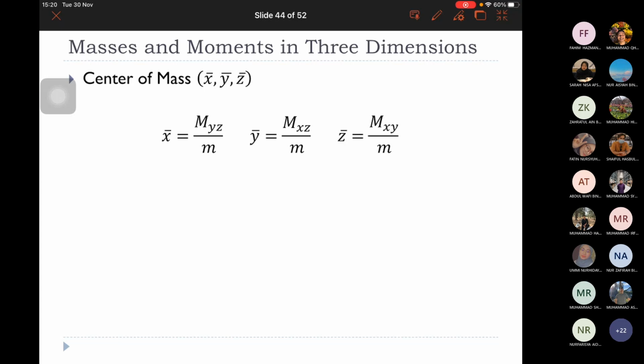Y bar will be equal to the moment of the xz plane divided by the mass, and z bar, the z coordinate, will be equal to the moment about the xy plane divided by the mass.